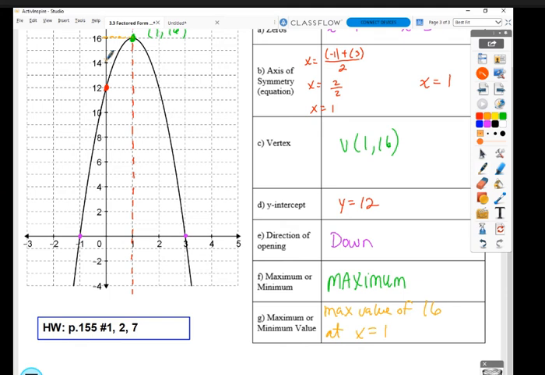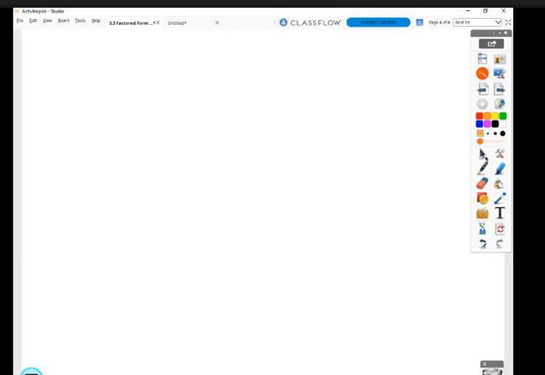So connect to the Wi-Fi, or if that's a struggle, stand out in the hallway for 2 minutes and download Desmos. It's free. It's a great app. I highly suggest it. Here, let me write that up there. So we've got page 155, 1, 2, and 7. And check your answers using Desmos.